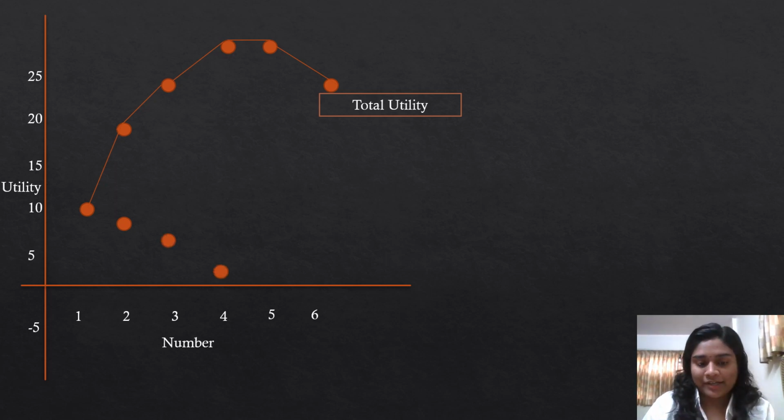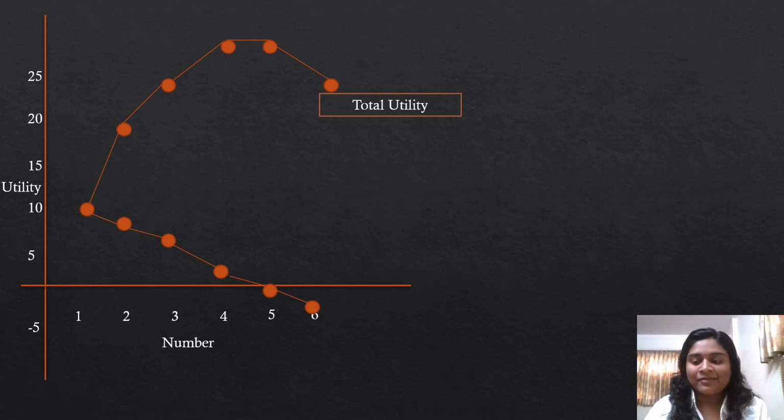After having the third cake, the marginal utility falls further. Similarly for the fourth cake. And in the fifth case, the marginal utility is at 0. And if we have the sixth cake, the marginal utility goes into the negative area. Once we join all these points, we get something known as the marginal utility curve.